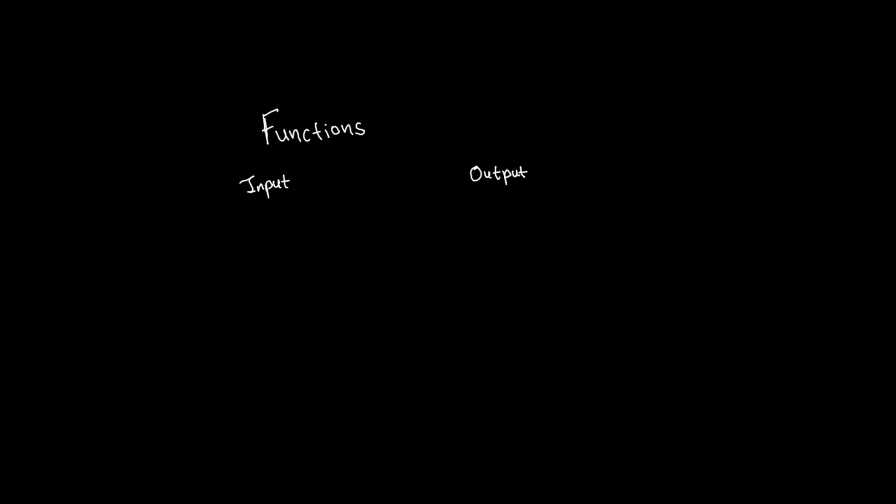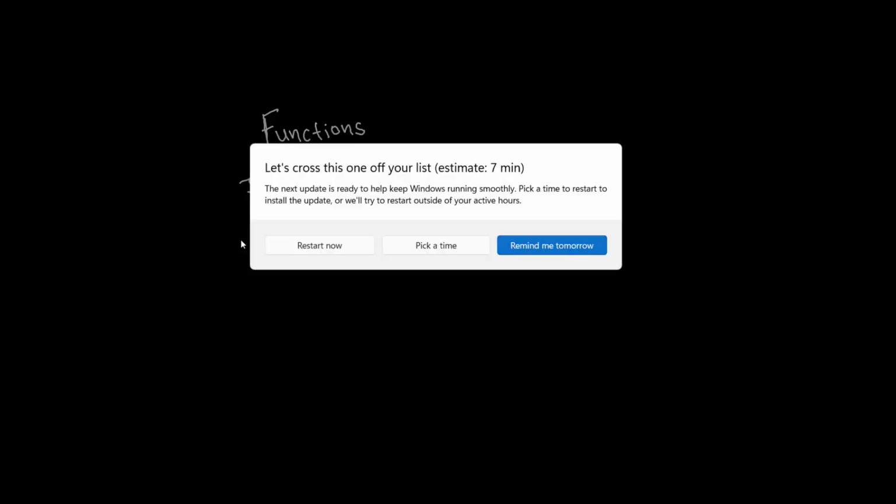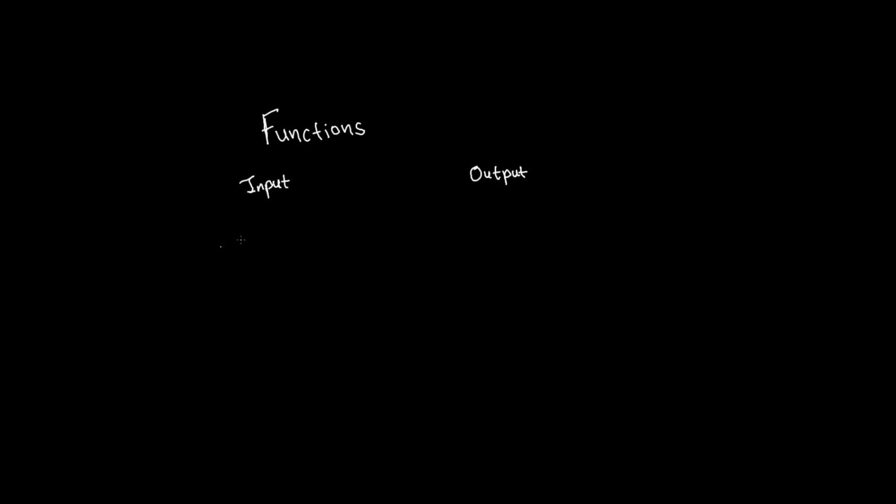But the way I like to think about a function is that, let's say I have a car. Let's just say I have a random car, and this car is unwashed. I haven't washed my car in quite a while.